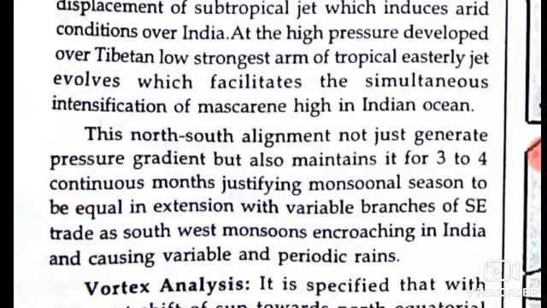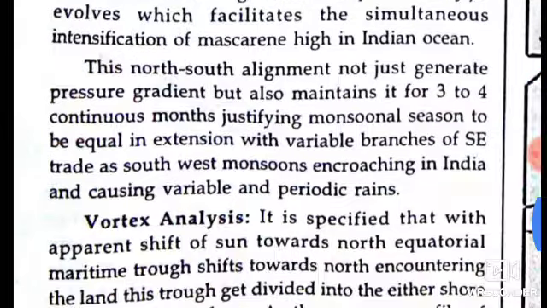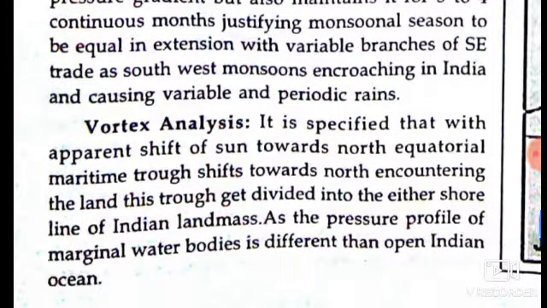This north-south alignment not just generates a general pressure gradient but also maintains it for 3 to 4 continuous months, thus justifying the monsoonal season's extension with variable branches of southeast trade as southwest monsoons encroaching in India and causing variable and periodic rains.